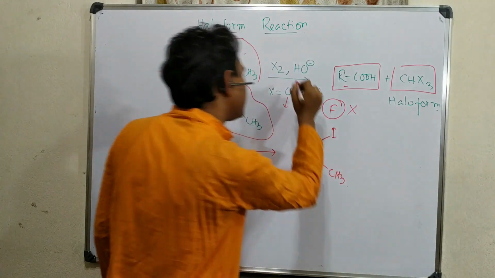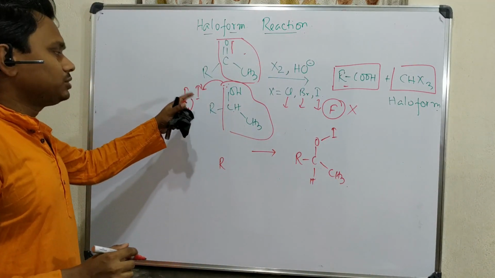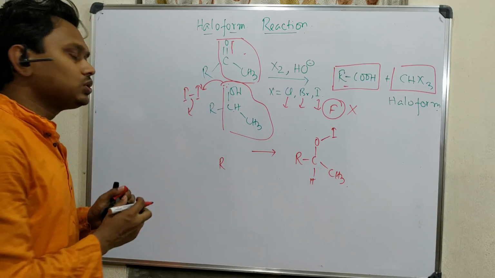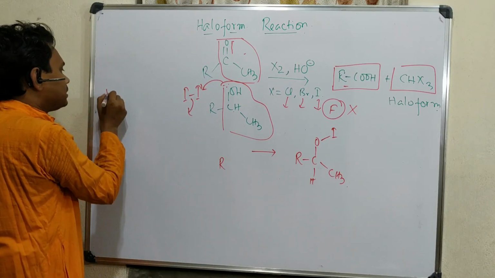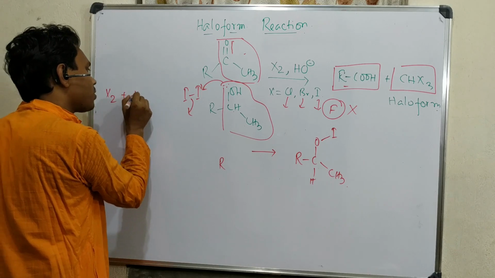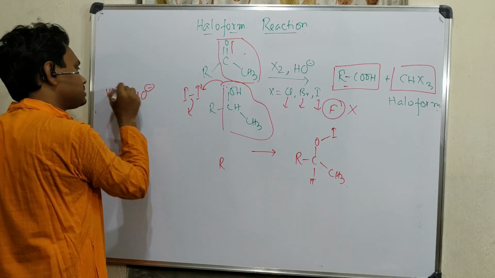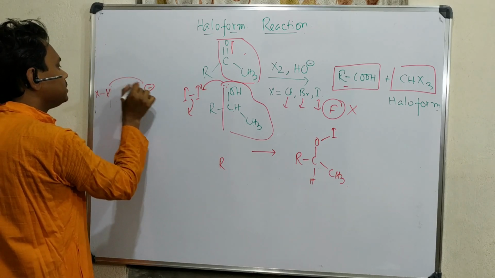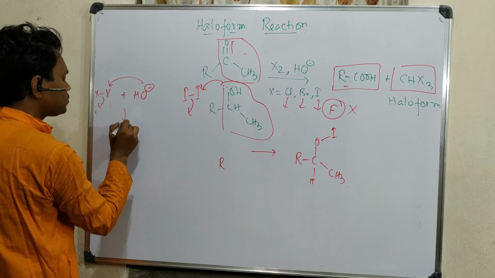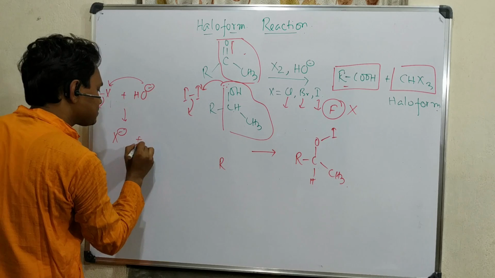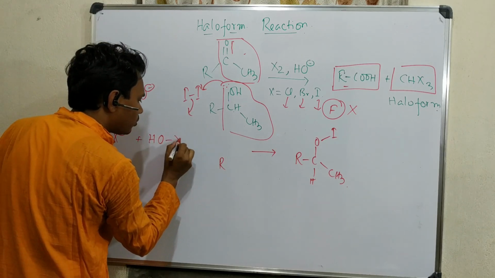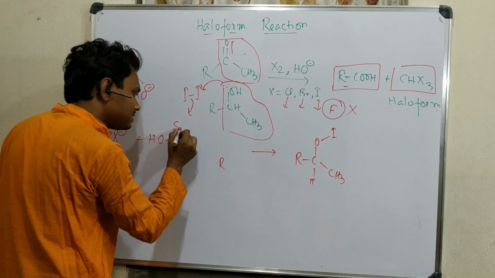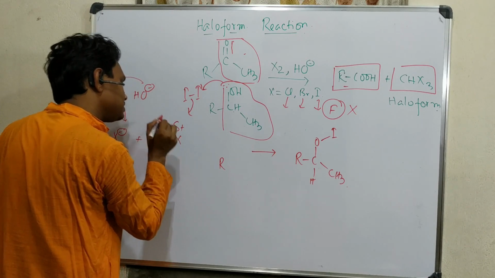And another thing, under basic condition it is not expected that halogen will be stable. What will happen? This X2 plus HO minus will attack, and it will leave and produce X minus plus HOX, where X is delta positive and oxygen is delta negative.